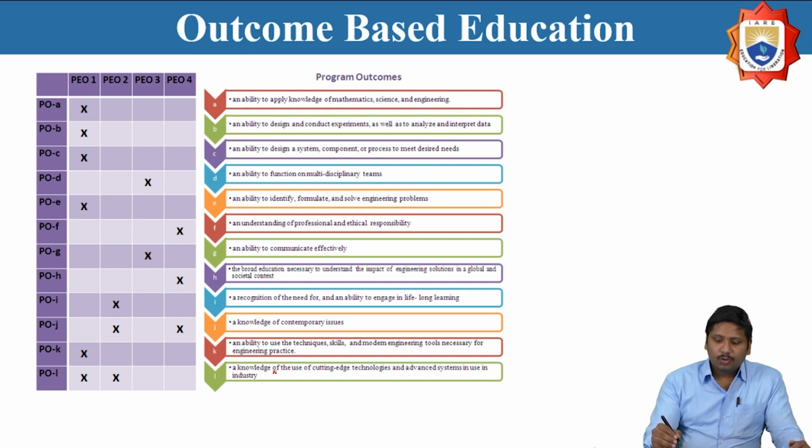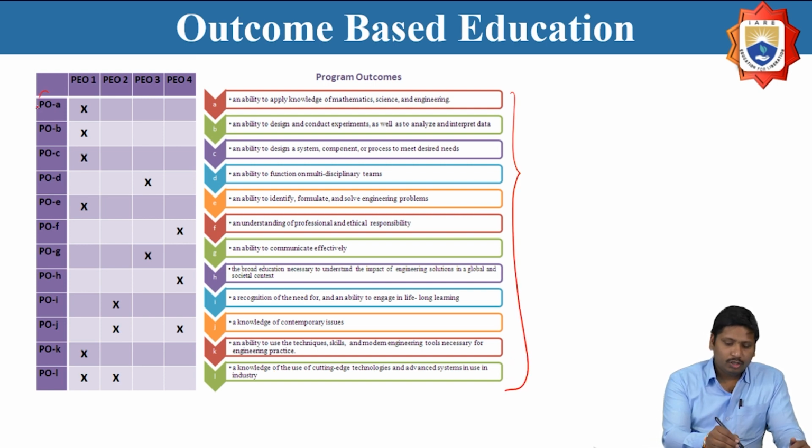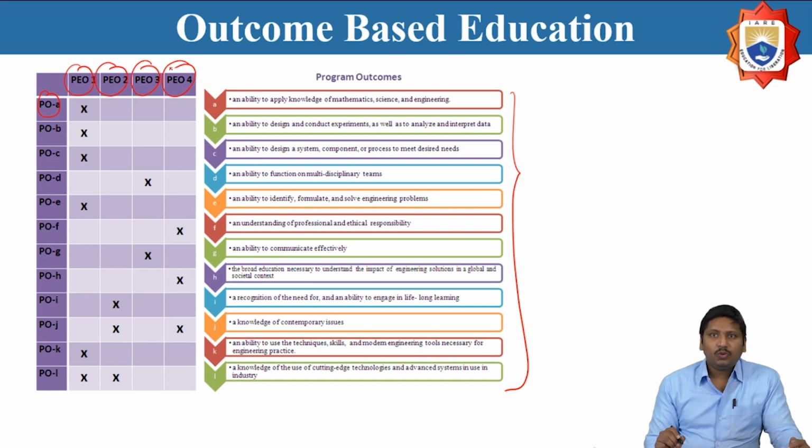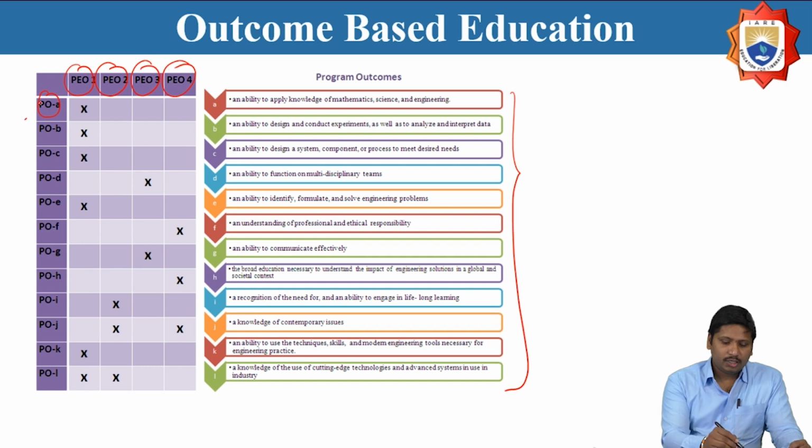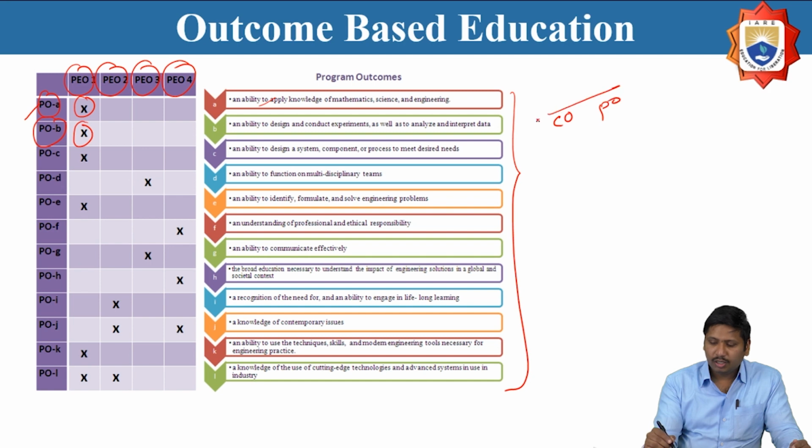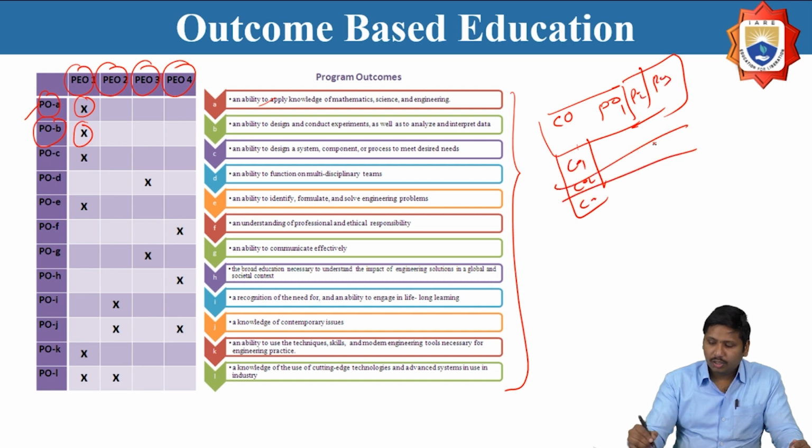So once the program outcomes are known, we have to map how the program outcomes are going to map with the corresponding PO and PSO. Suppose let's take PO, and study whether this one is going to map with PO 1, 2, 3, 4 or not. Similarly, PO 2 should be mapped. So previously what I conducted was CO-PO mapping: PO1, PO2 and PO3 with CO1, CO2 and CO3.